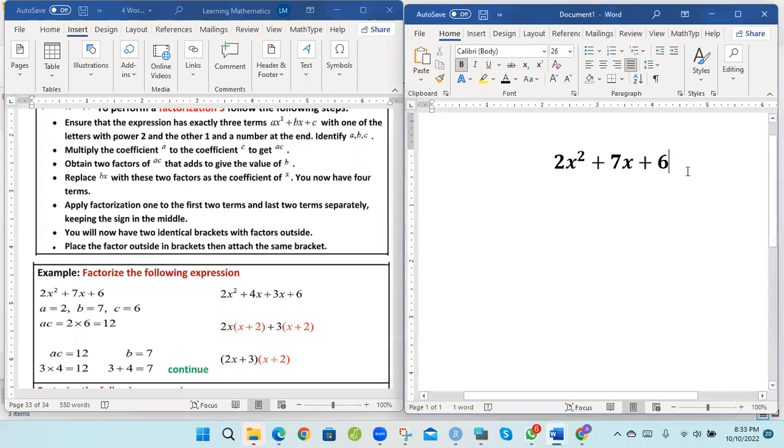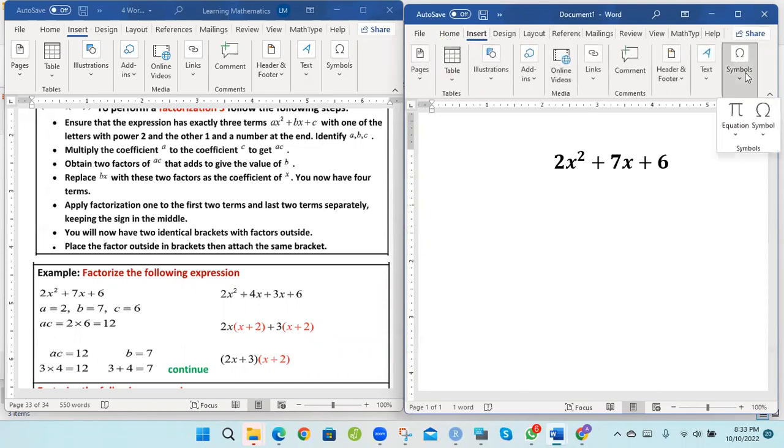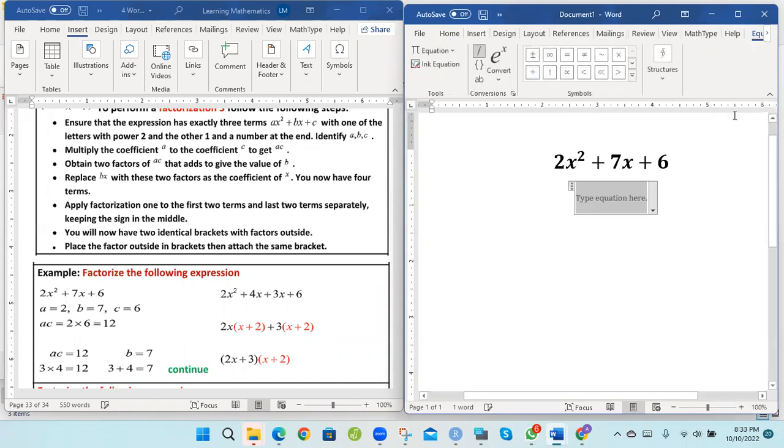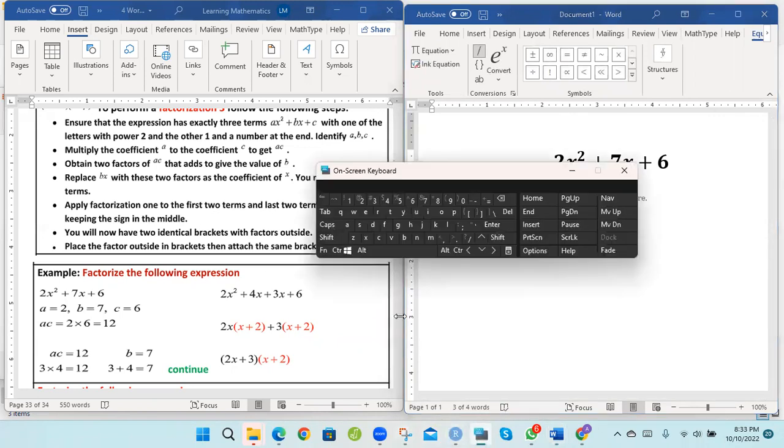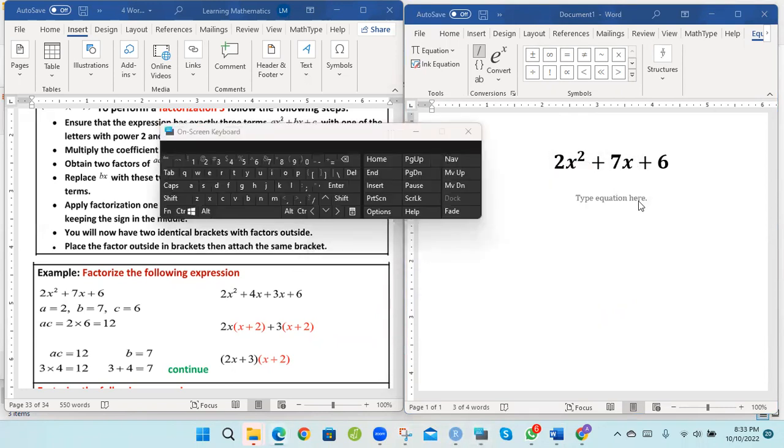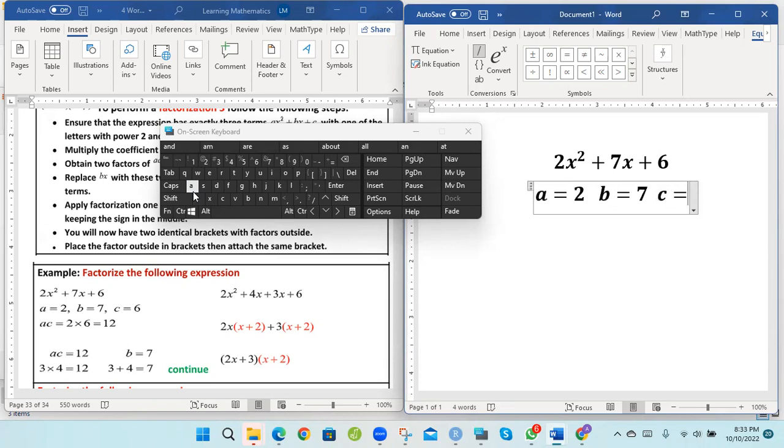So let's identify what a, b, and c are first before we do that. Although this is not in the steps, a is equal to 2. b is equal to 7. c is equal to 6.